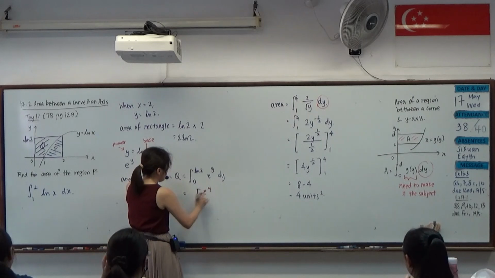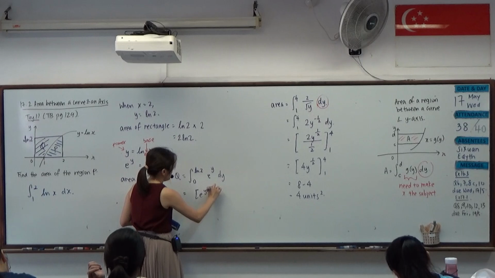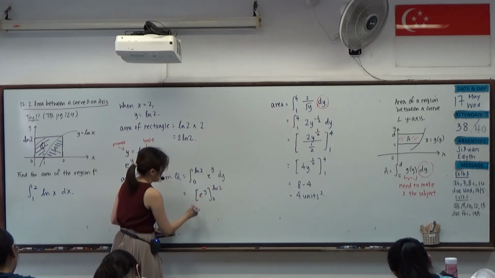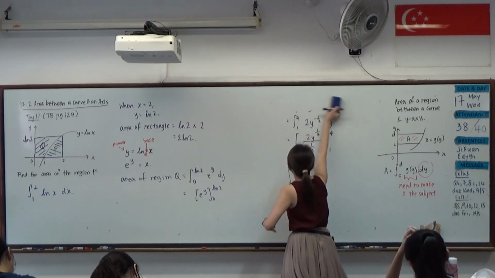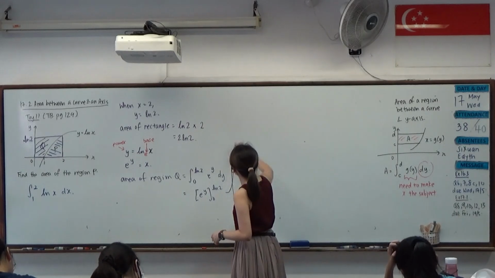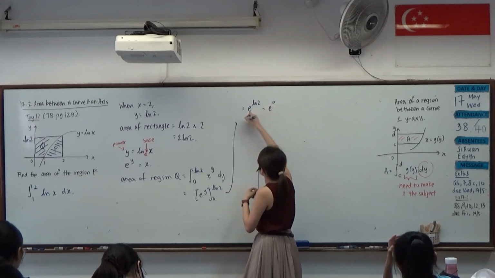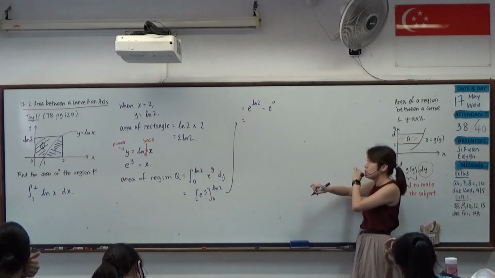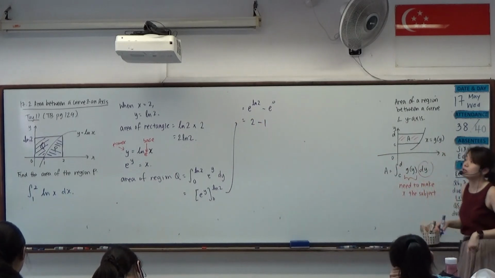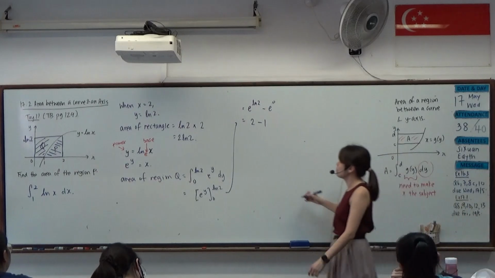That is just e to the power y, from 0 to ln 2. That simplifies to e to the power ln 2 minus e to the power 0. E to the power ln 2 is just 2. You can use a calculator to do that. Then e to the power 0, not forgetting that it is equals to 1, not 0. So that will be 1 unit.